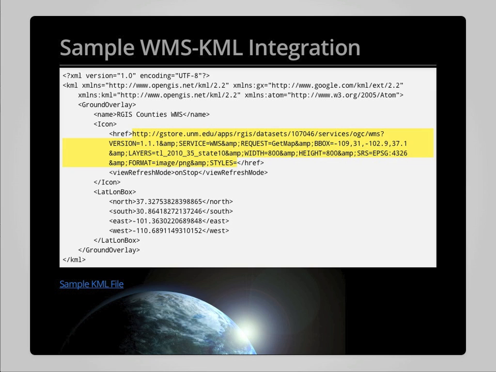Again, thinking about the characters that XML tries to use to identify the structure of a document. In this case, all of the ampersands that you would use in a standard URL have been replaced by this string, ampersand AMP semicolon, that is a representation of the ampersand character that is replaced with that ampersand character when that URL is used to request the data.